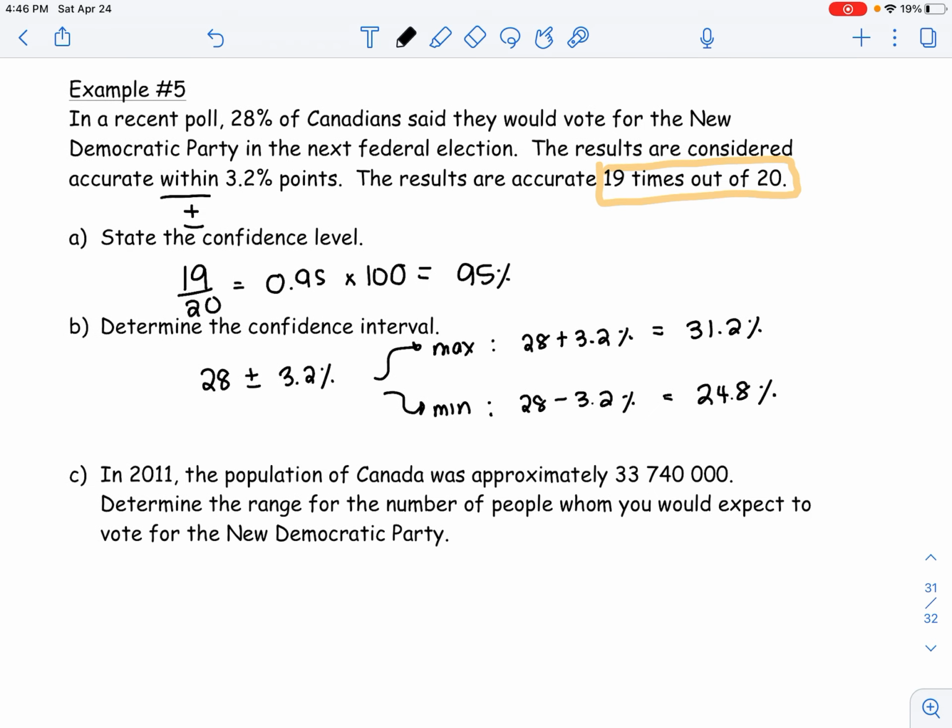Okay, so this is similar to questions 1 and 2, where they're giving you now the population and they're saying who would they expect to vote for the New Democratic Party. So that's where you use your max and min numbers and change them to decimal values first. Always divide by 100 to change it to a decimal value.